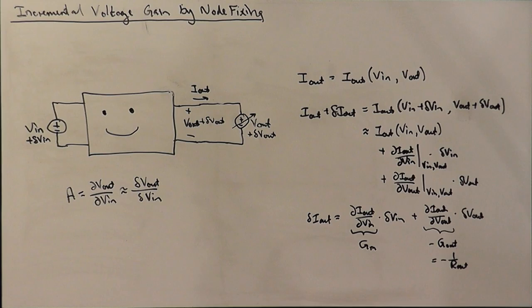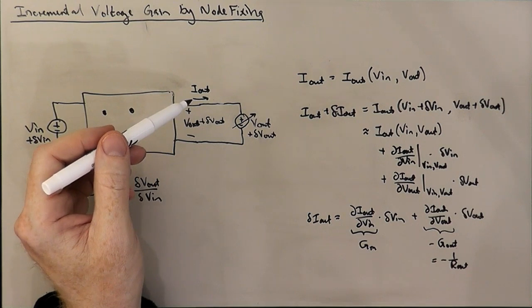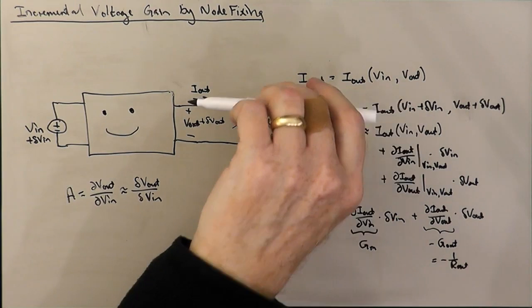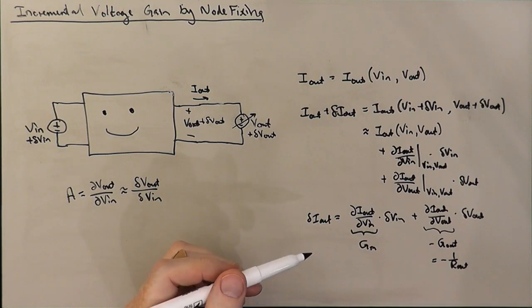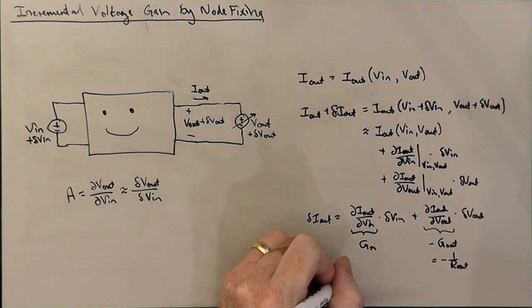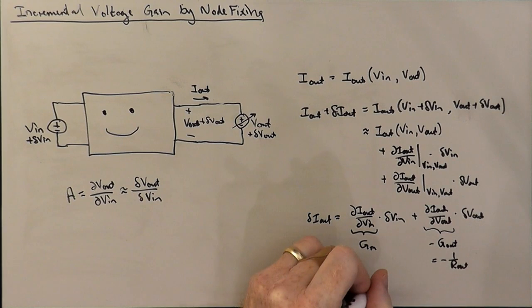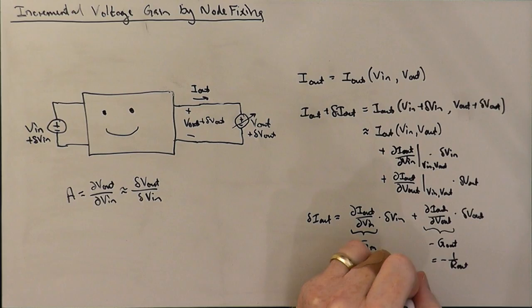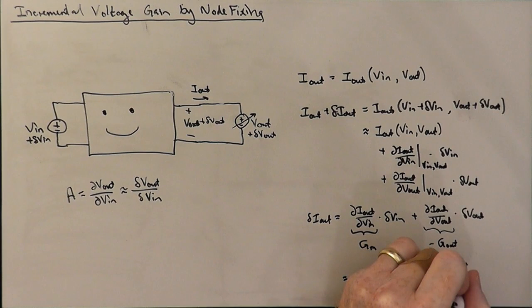Right, the minus sign comes from the fact, again, that for one of these driving point conductance or resistances, positive current has to flow into the port instead of out of the port. And so our delta I out we can write as basically GM times delta V in minus 1 over R out times delta V out.